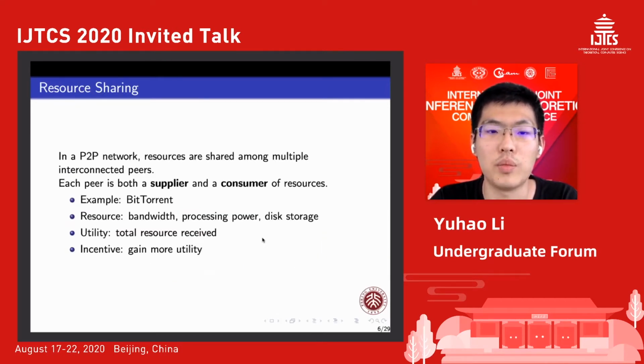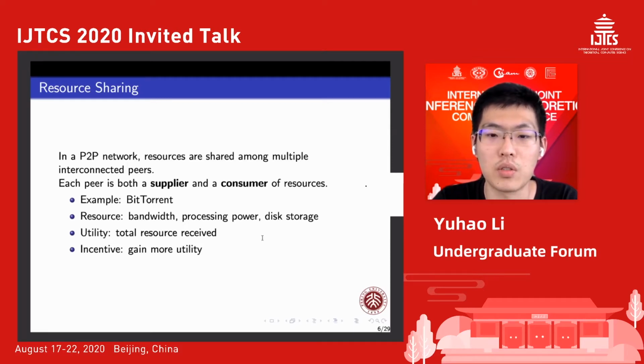BitTorrent is mainly a bandwidth sharing idea, but with the rapid growth of wireless and mobile internet, there are more applications of exchanging resources over networks. This actually goes beyond the P2P bandwidth sharing idea. So the P2P network is modeled as a resource sharing network. The resources are shared among multiple interconnected peers.